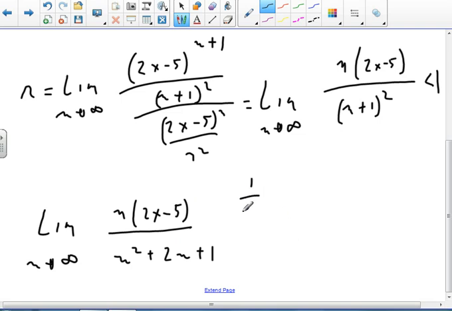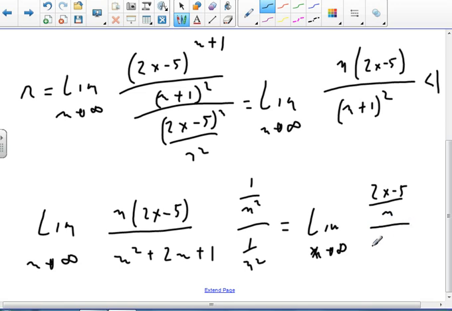I'm going to multiply top and bottom by 1 over n squared. Limit as n goes to infinity of (2x minus 5) over n divided by 1 plus 2 over n plus 1 over n squared.